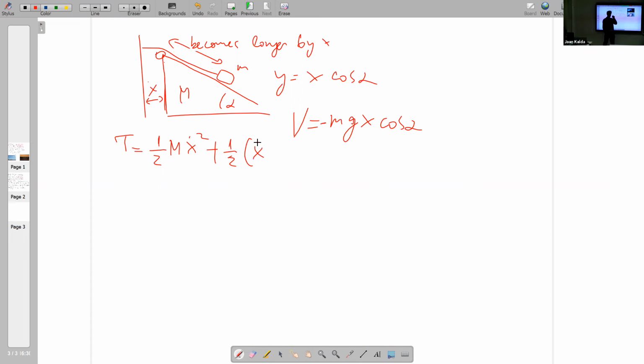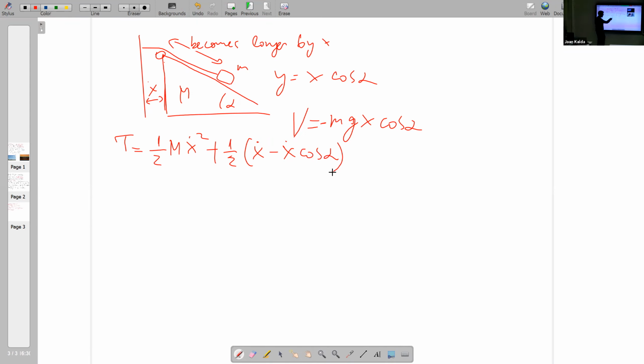x dot is the speed of the wedge, but the horizontal velocity of the brick relative to the wedge is x dot times cosine alpha, because it goes down by x, which means that the horizontal projection is x times cosine alpha. So we need to subtract here minus x dot times cosine alpha, which is the horizontal velocity of the brick relative to the wedge.